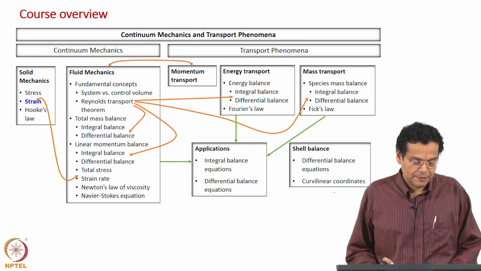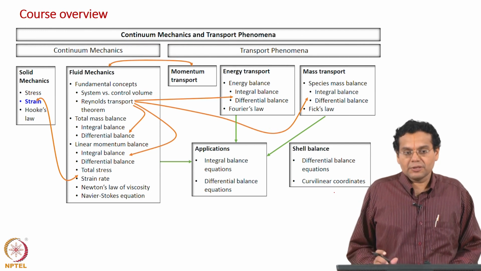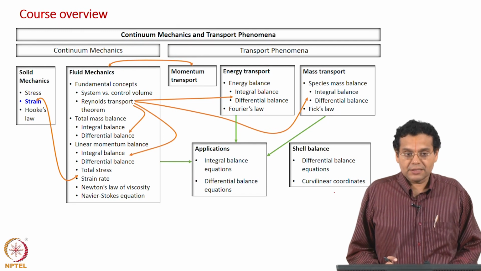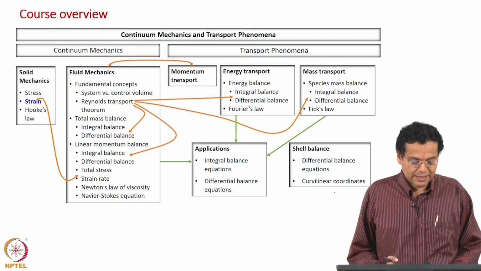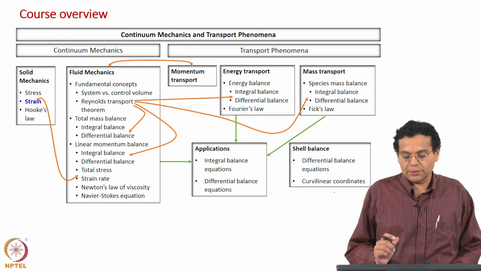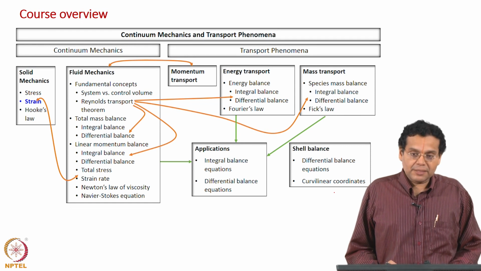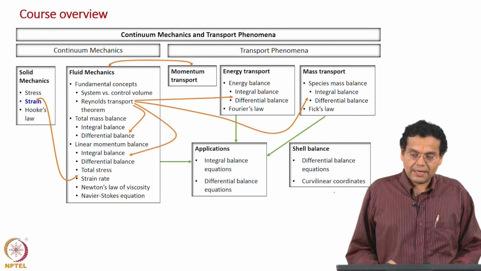So, they are unknowns, and we need to express the viscous stress tensor components in terms of velocity gradients to be precise. And then to understand velocity gradients, we need to understand displacement gradients in solid mechanics.